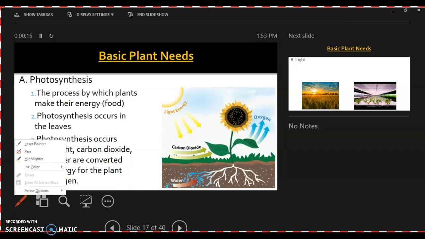The first basic plant need is photosynthesis. What is photosynthesis? It's the process by which plants make their food, or make their energy. We associate photosynthesis with plant food, but it gives them energy.